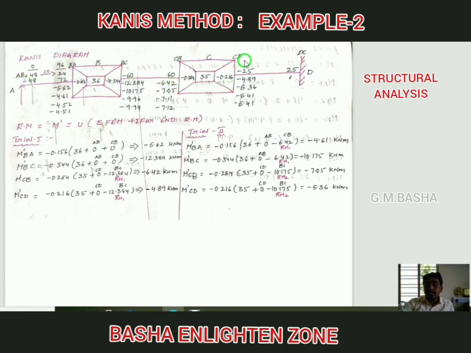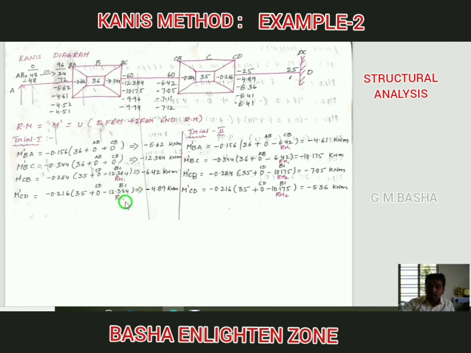Then move to the next step, that is M dash CD. For M dash CD, U is equal to minus 0.216 into the sum of the fixed moments, which is 35, plus the sum of the far end rotation moments. The far ends for CD: one will be 0, another will be minus 12.384.